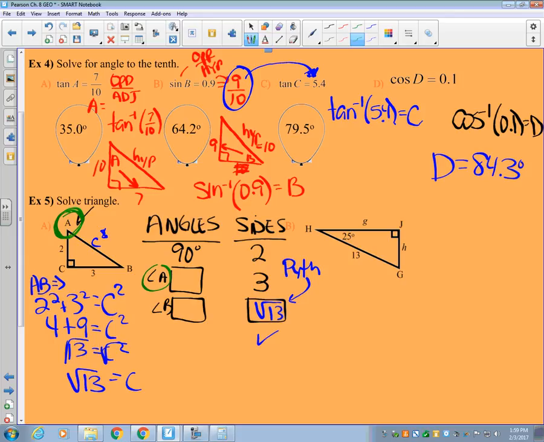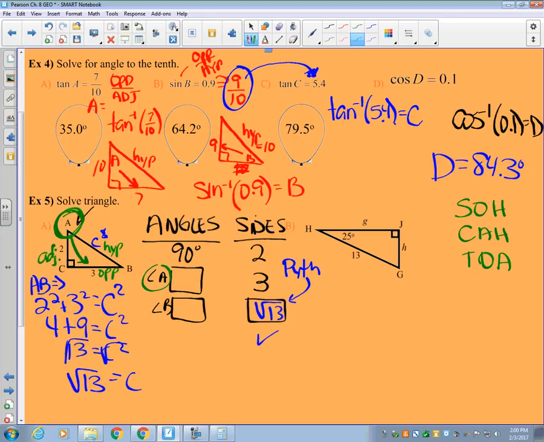When I look here, C is my hypotenuse, 3 is my opposite, and 2 is my adjacent. If I remember my SOHCAHTOA, sine is opposite over hypotenuse, cosine is adjacent over hypotenuse, and tan is opposite over adjacent.